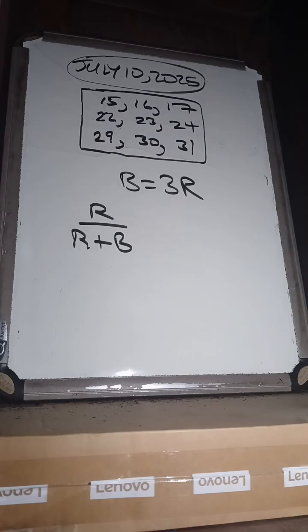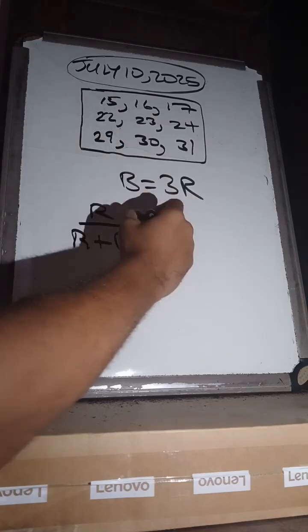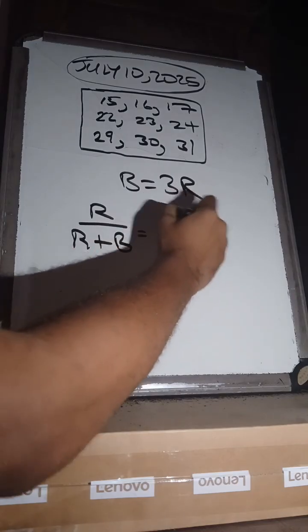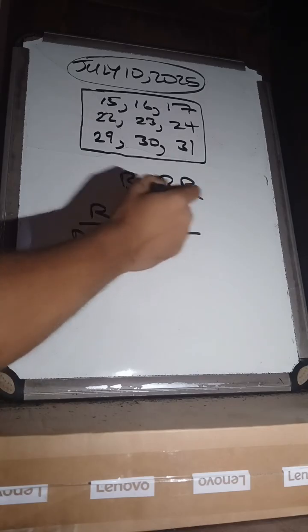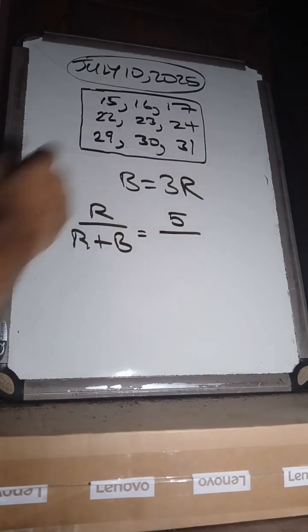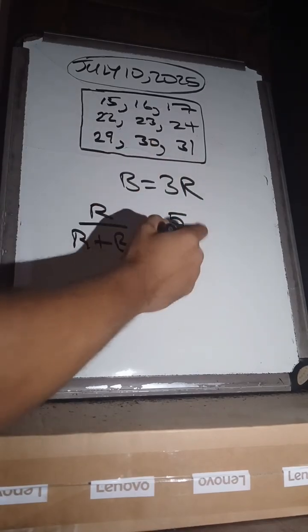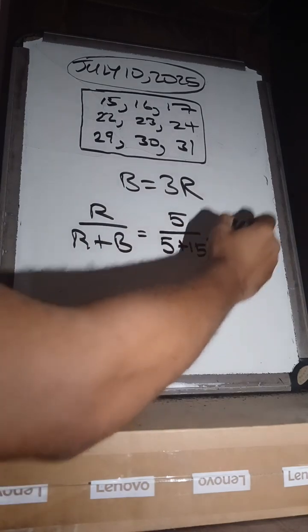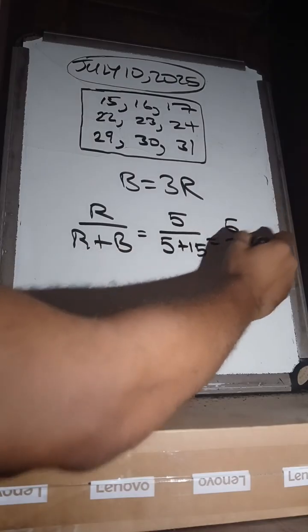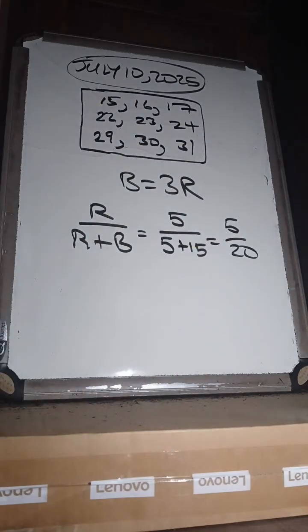So if, for example, it was 5 red, and 5 of them times 3 would be 15, the blue would be 15, right? So therefore you'd end up with that if R was equal to 5.